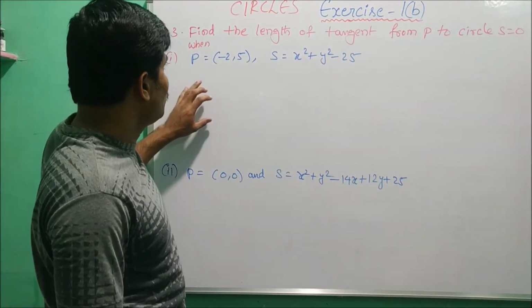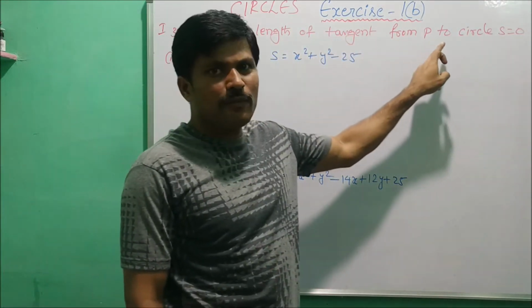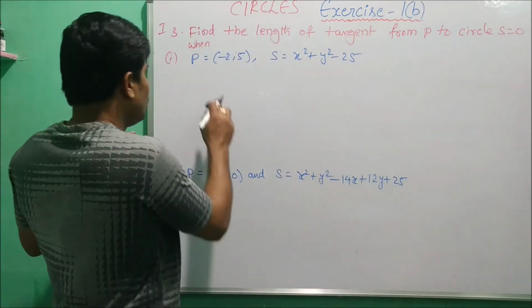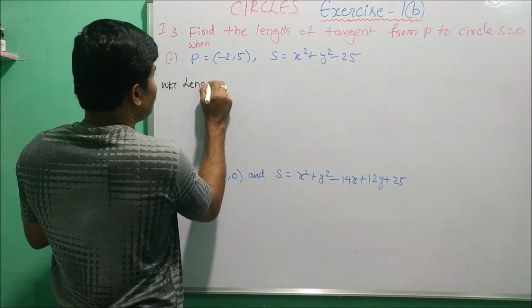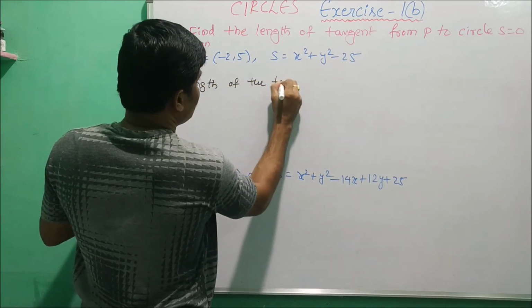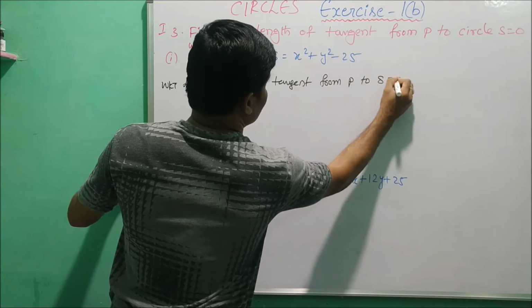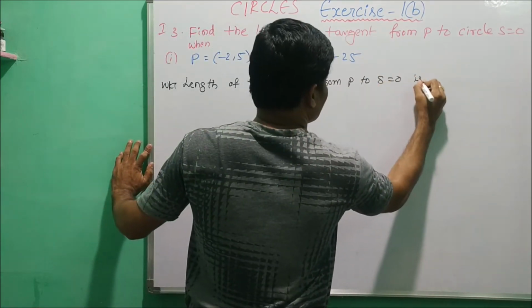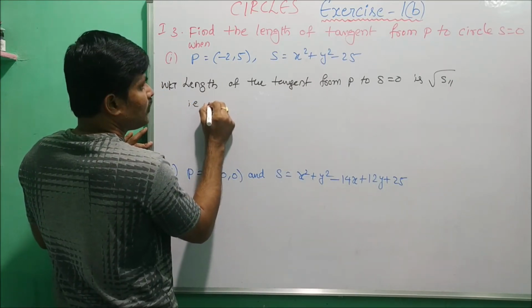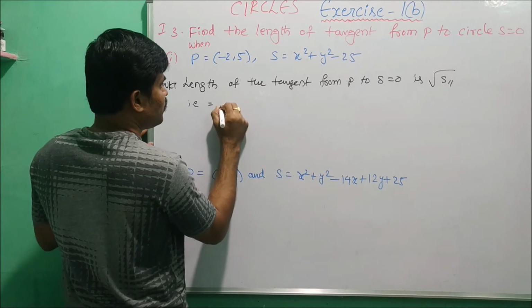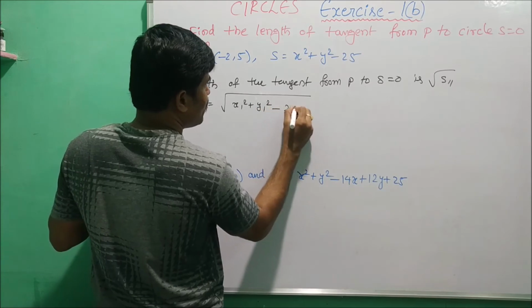So here are the exercise sums. First Roman, third one: find the length of the tangent from the point P to the circle s equal to 0. Here we have to take the formula. We know that the length of the tangent from P to s equal 0 is square root of s11, that equals square root of x1 square plus y1 square minus 25.